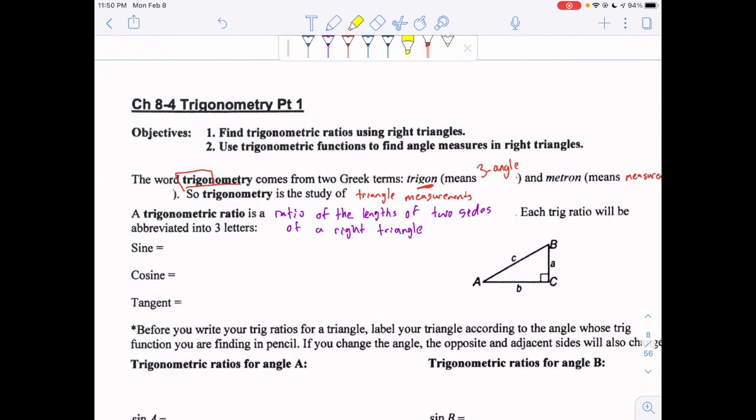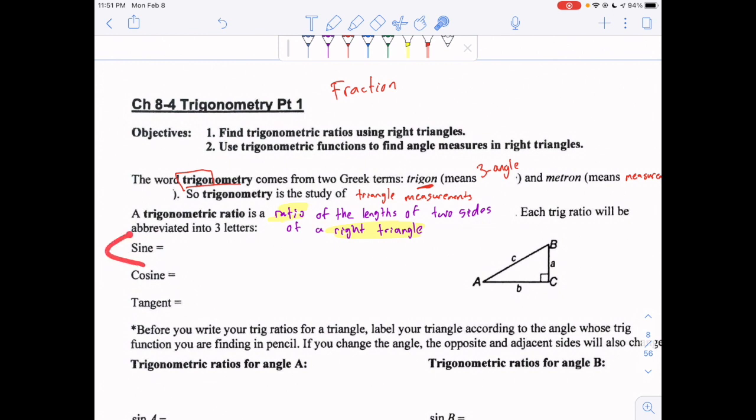A trigonometric ratio is a ratio of the lengths of two sides of a right triangle. Some things to highlight: it has to be a right triangle, not just any triangle. And remember the word ratio, guys? The word ratio is just a fancy word for fractions. So each trig ratio will be abbreviated into 3 letters. Here are your 3 trig ratios: sine, cosine, tangent.